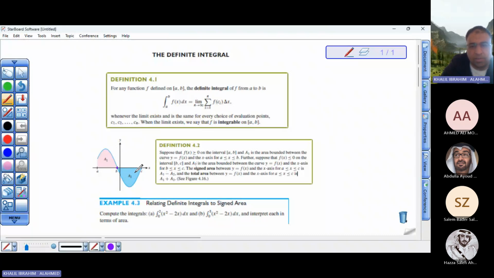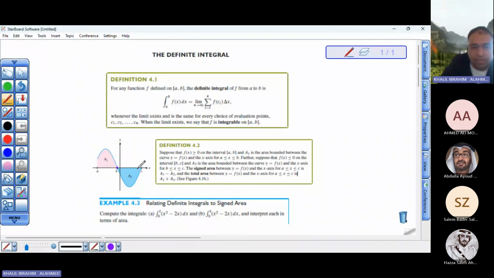Be careful about this. Okay, let's suppose that f of x is greater than or equal to 0, positive, from a to b. This is area 1. But suppose f of x is less than 0, because the curve is under the x-axis, as you see in the blue line.